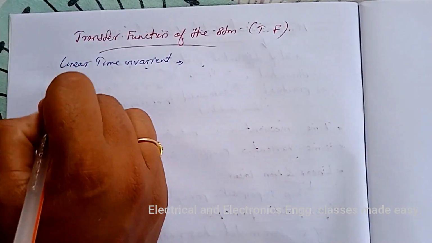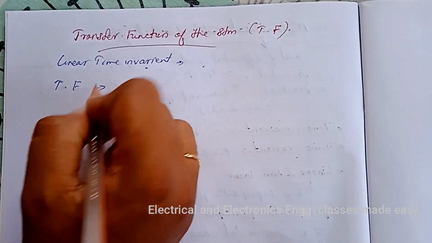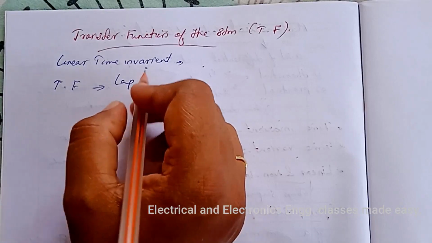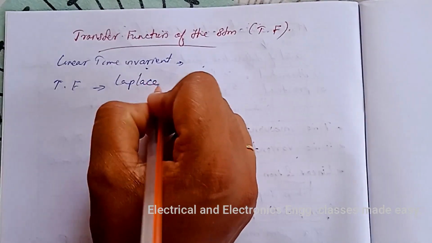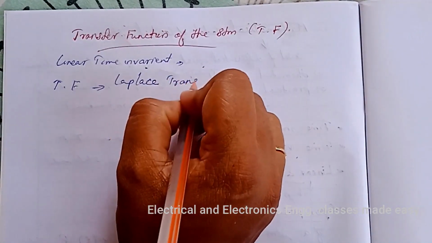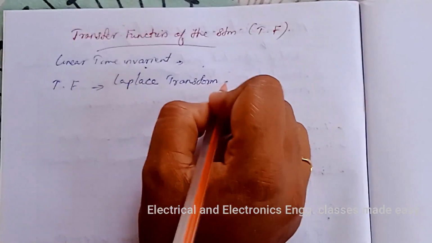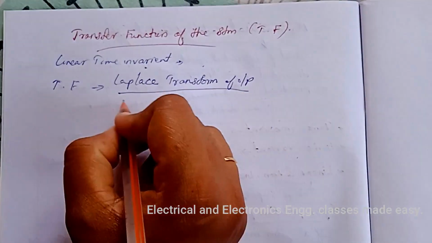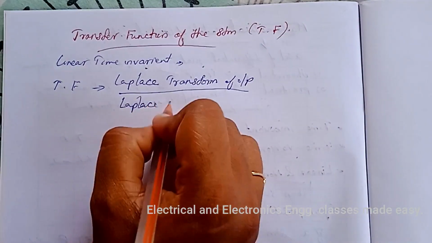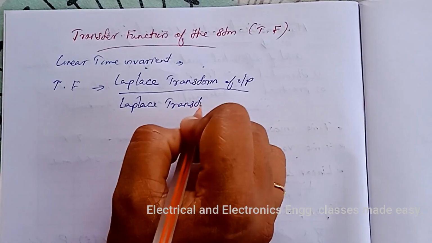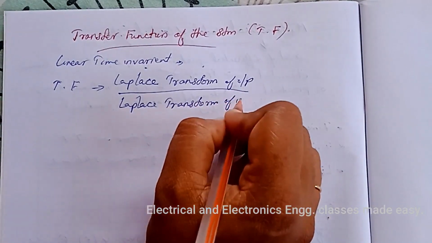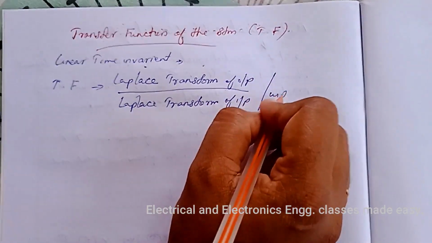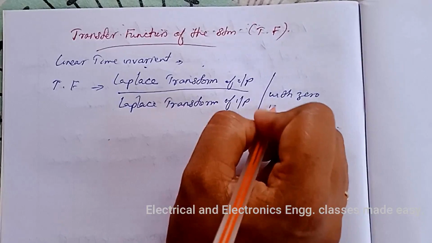The transfer function of a system is defined as the ratio of the Laplace transform of output to the Laplace transform of input with zero initial conditions.